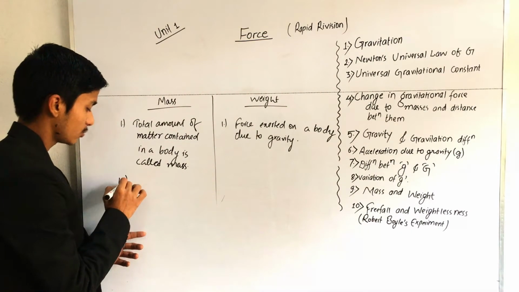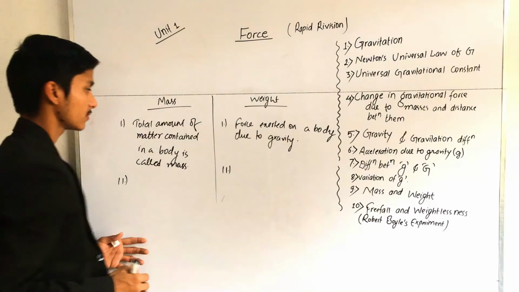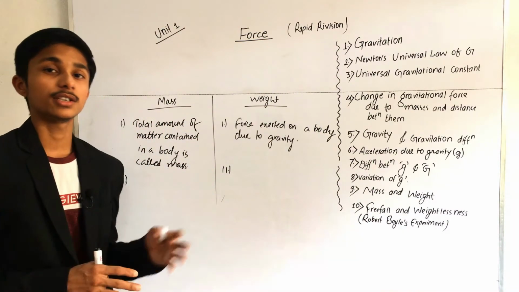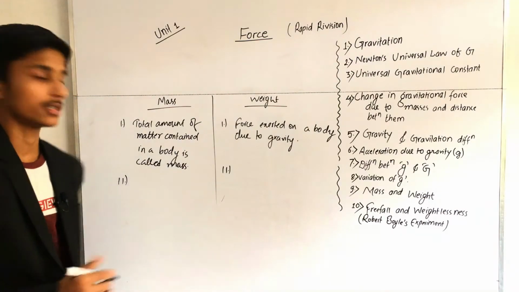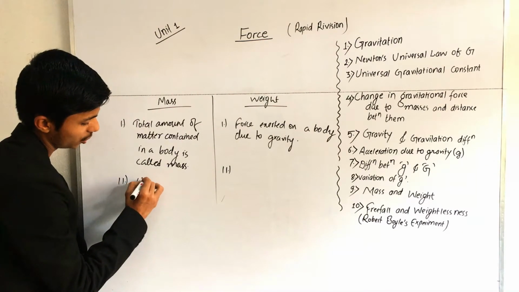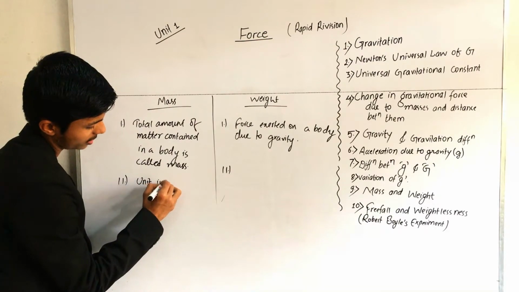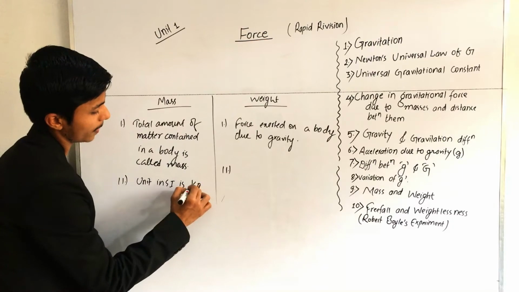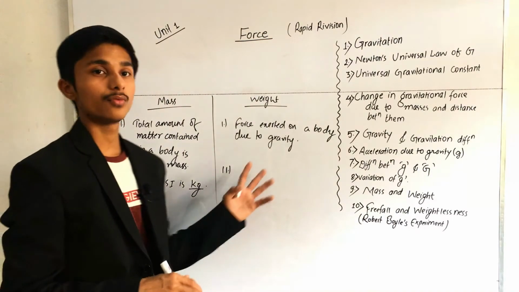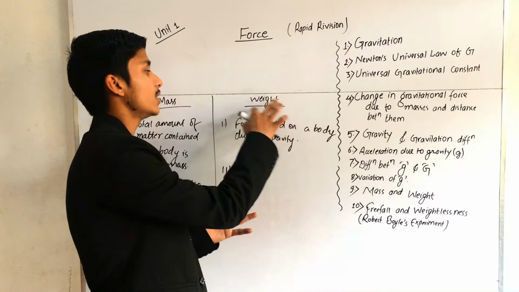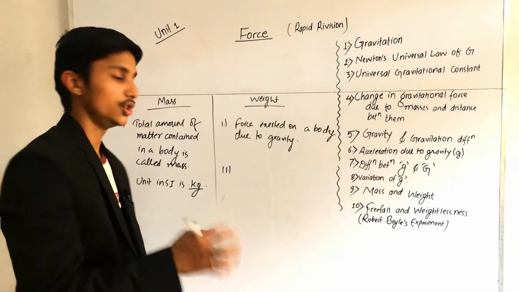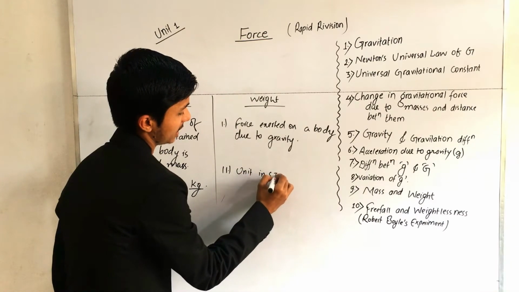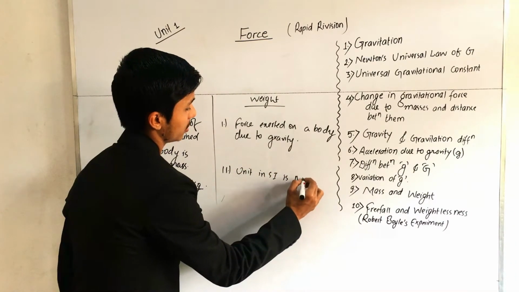In next point we write what is the unit of mass. The unit of mass in SI system is kg, that is kilogram. Unit in SI is kg, and unit of weight, since this weight is force, its unit is Newton. Unit in SI is Newton.